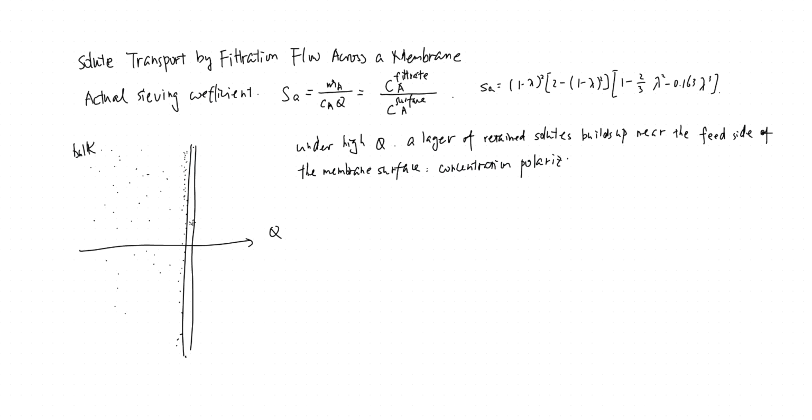Or you can think about there being a layer, we call it the concentration boundary layer thickness delta. Here you have a highly concentrated solute compared to the bulk.